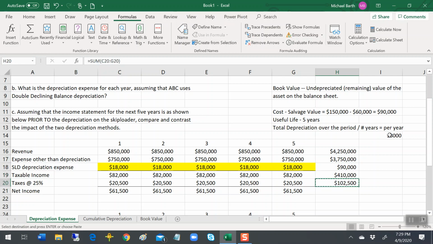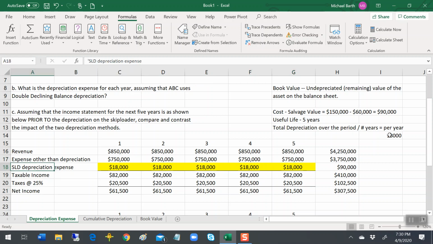Total taxes $102,500. Total net income over the 5-year period $307,500, which I could have gotten just by multiplying each of these numbers by 5. Okay, so depreciation expense is the amount of expense you claim each year. With straight line depreciation, it's going to be the same amount each year.